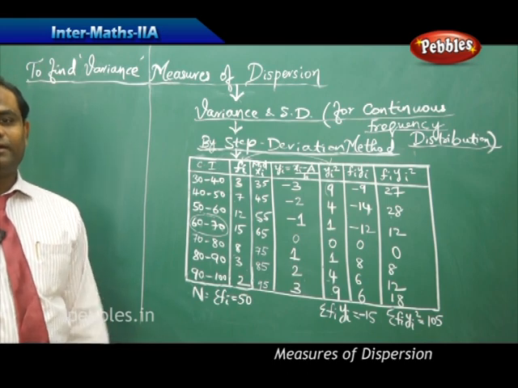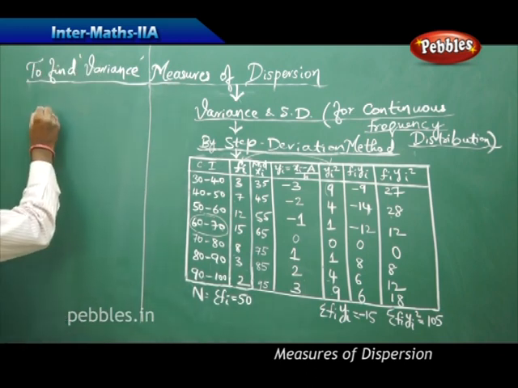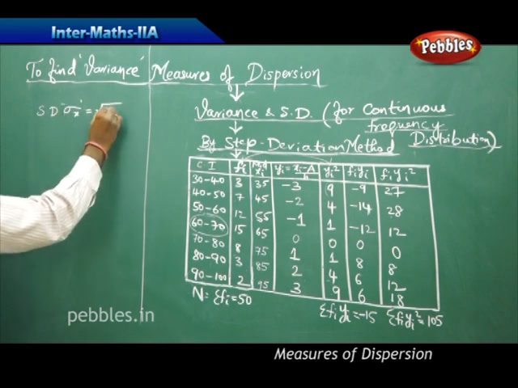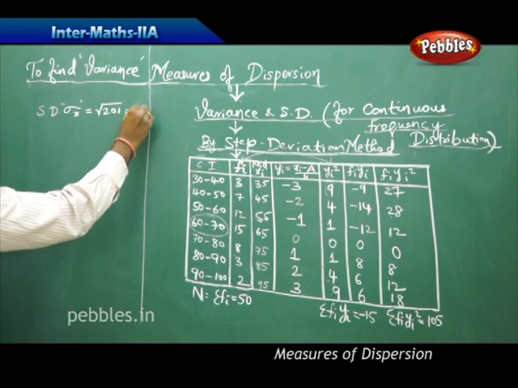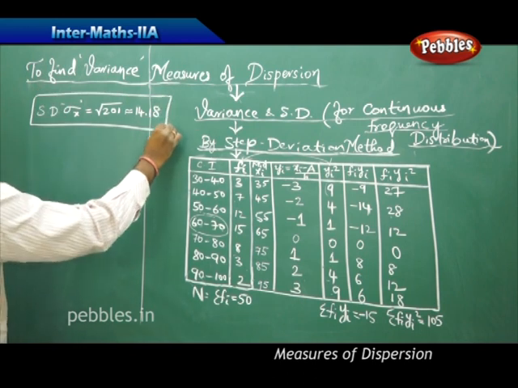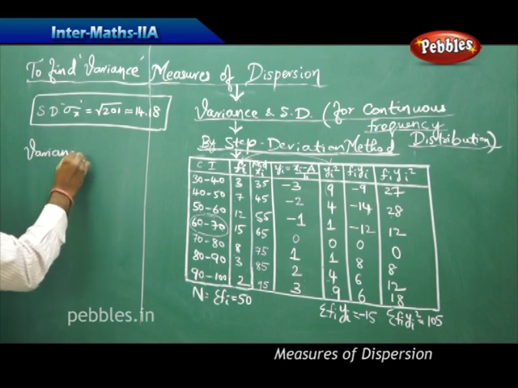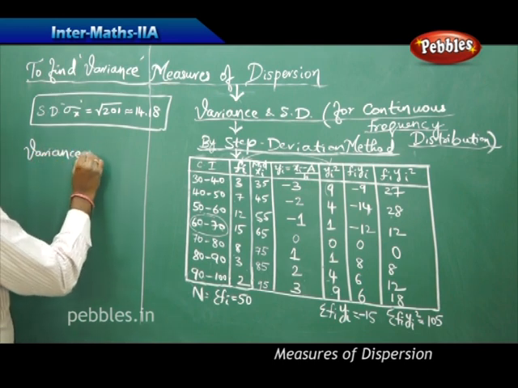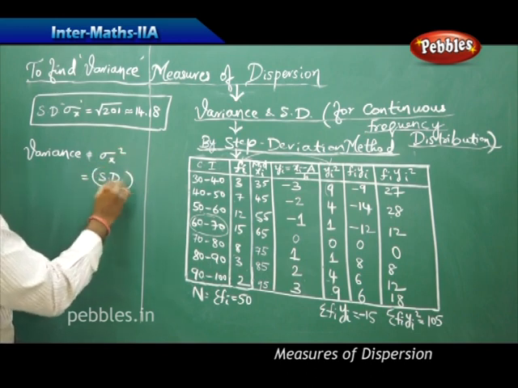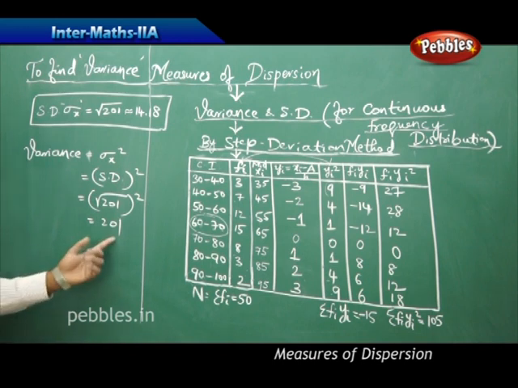Now let's see how we can find the variance of the given problem. In order to find variance, my standard deviation sigma x was obtained as root 201, which is approximately 14.18. Using this value, variance is given by the formula sigma x square, that is the square of the standard deviation, so root 201 whole square, which is 201.